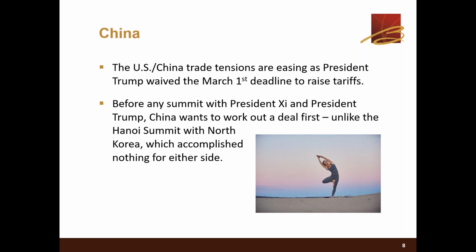But China did observe the Hanoi summit with Chairman Kim, where North Korea and the U.S. met in Hanoi, and nothing came of that summit. It was a big disappointment, and our president cut it short and came back home before the scheduled time had been allotted for that so-called negotiation.